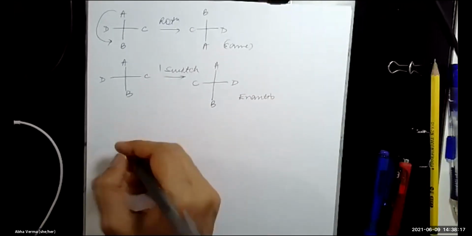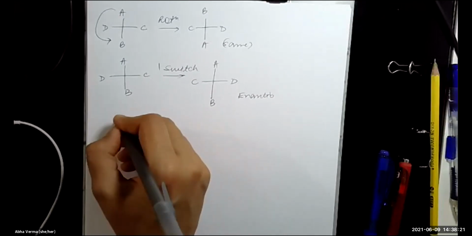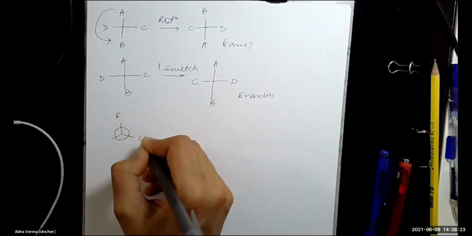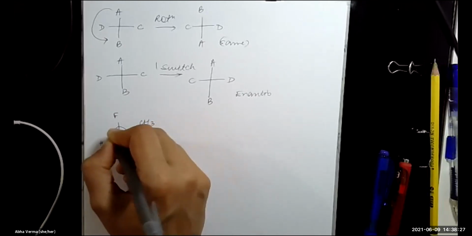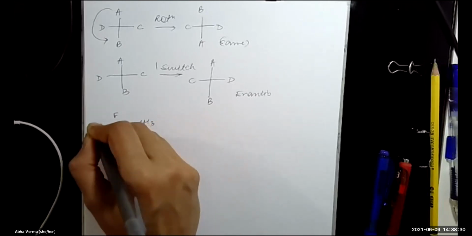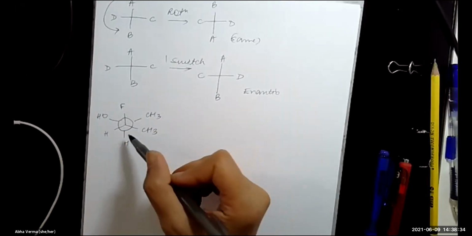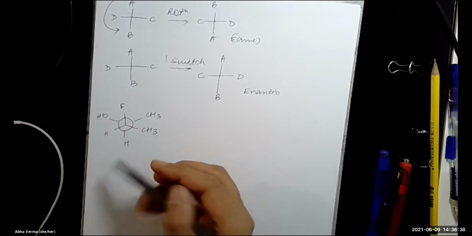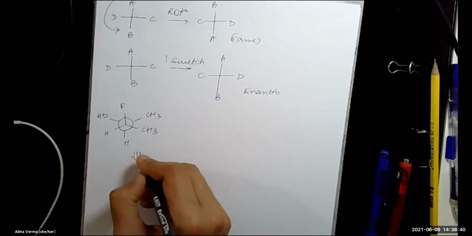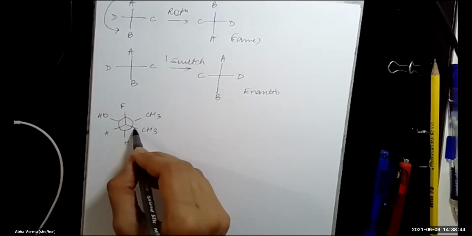So I've already assigned you one structure. I want you to look at this Newman projection also. But some days if I'm not able to see my Sawhorse or Newman, I can just convert it into F, H, CH3.